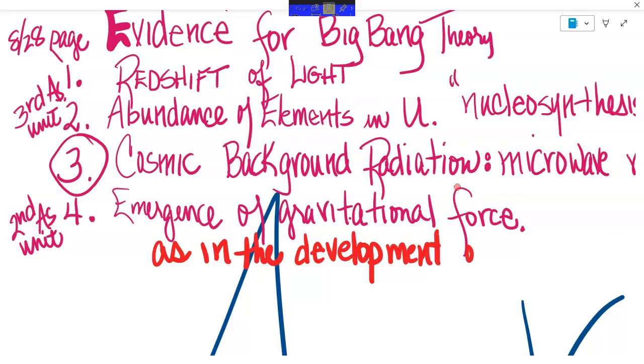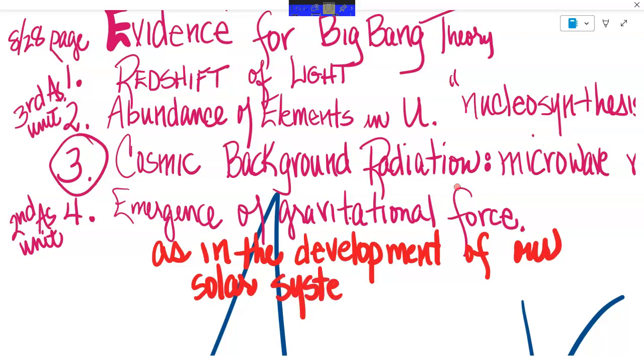We could just say of our solar system to begin with, where we know with Copernican theory that the Earth and all the other planets are revolving around the sun. Now, I wouldn't necessarily have put this in there, but it is true that gravitational force did emerge. But I'm not sure exactly how that fits.